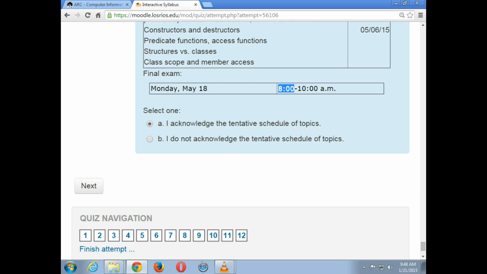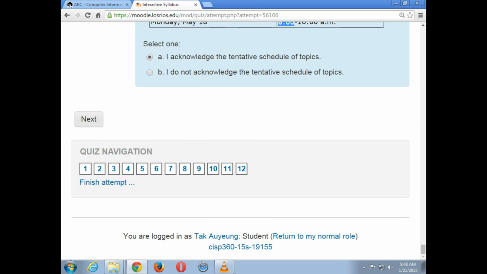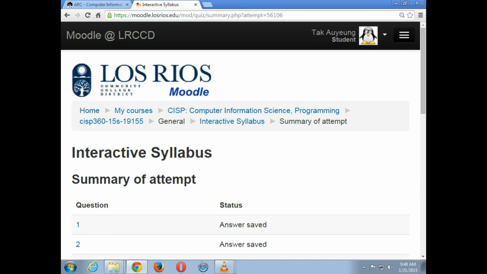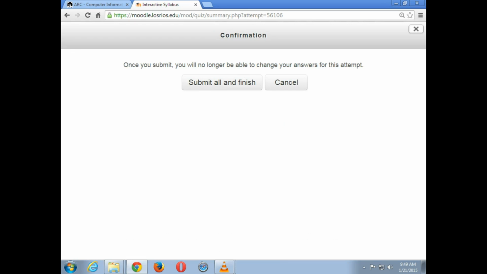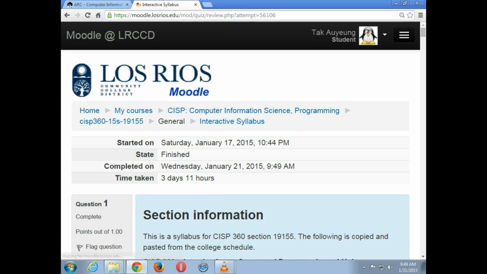So after you click all the acknowledgements, you can click next, and it will ask you to confirm that you are ready to submit all and finish. So right here, and it will ask again to confirm, because once you submit all and finish, you cannot go back and change the answers.